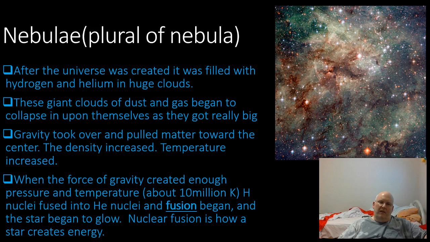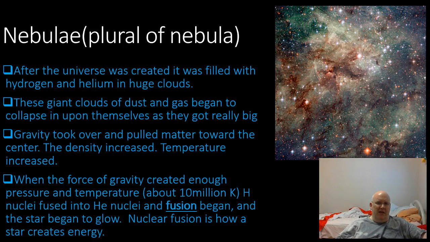So these clouds of dust and gas, as they continue to grow, they eventually start to, like all things, succumb to gravity. Gravity starts to win, and as the cloud gets more and more massive, it begins to pull material in towards the center of the cloud, and the cloud slowly begins to spin.